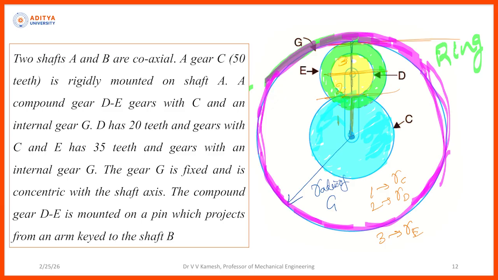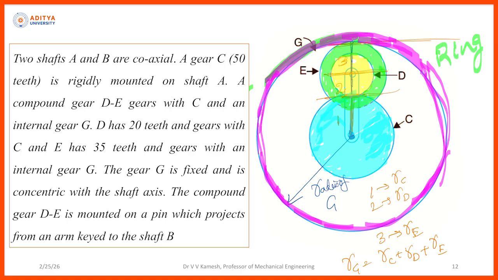Radius of E. Like this, you need to identify the relation between the diameters or radii of the gears by looking at the diagram very carefully, right? So RG is equal to RC plus RD plus RE. Same way, we transfer to the diameter: DG is equal to DC plus DD plus DE, right?